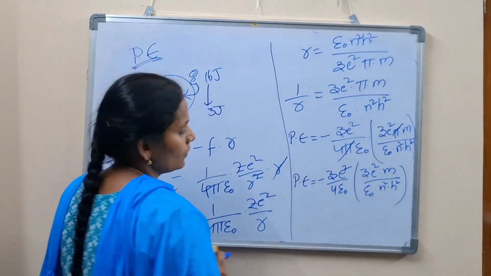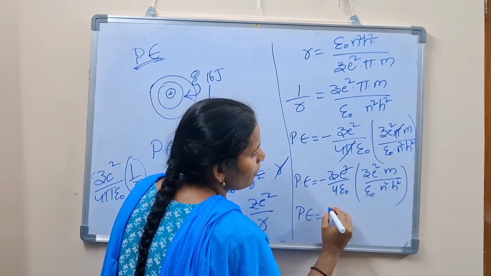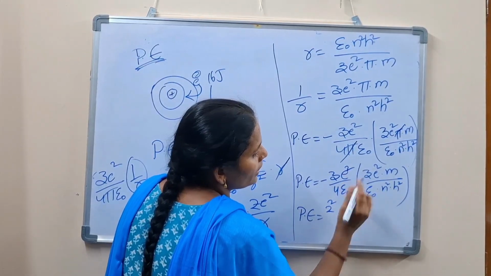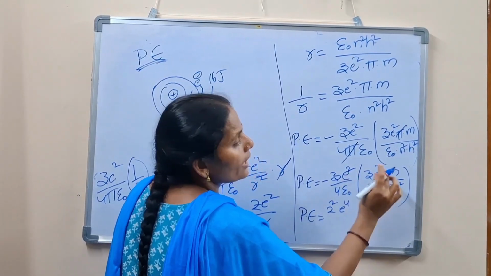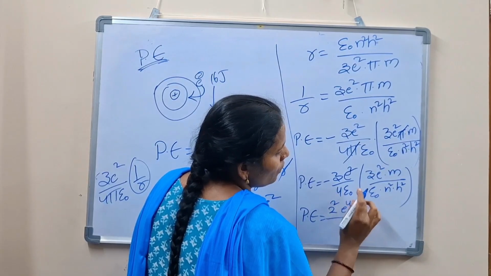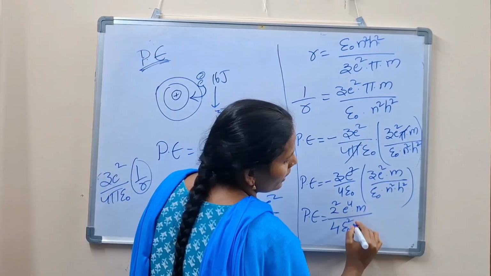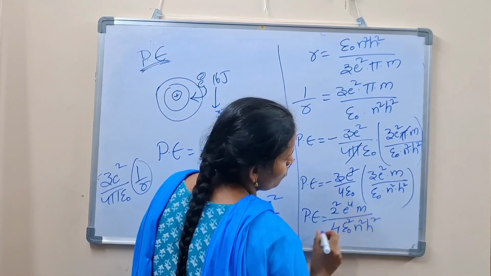Okay, from this, potential energy equal to Z square e power 4 into m by 4 epsilon naught square n square h square.